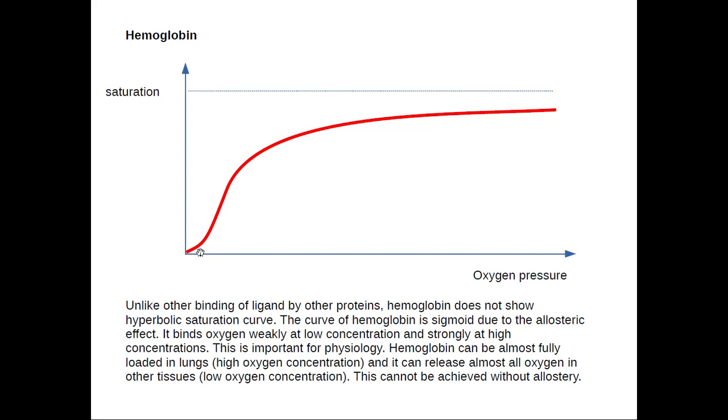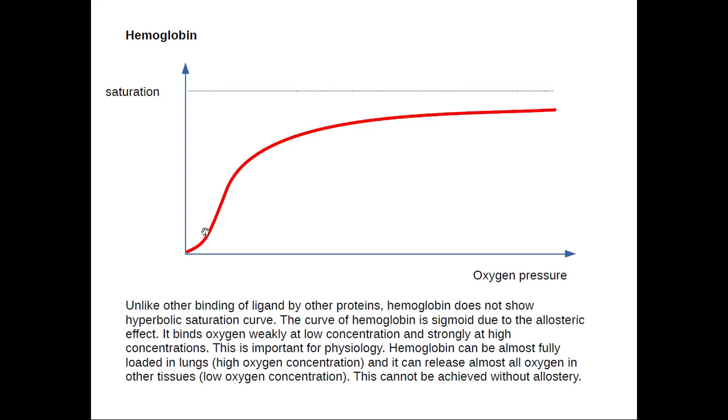So at very low concentration of oxygen, the binding is quite weak. If you imagine prolonging this curve in a hyperbolic manner, you would get very weak binding. But if you increase the concentration of oxygen, then this binding becomes stronger.